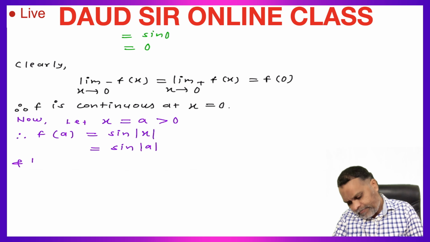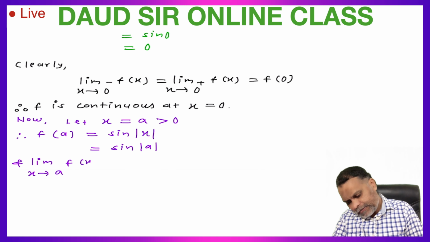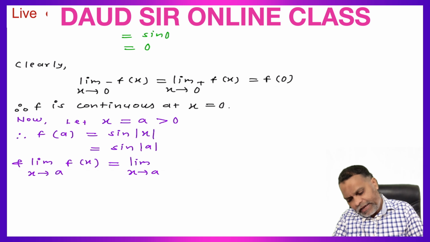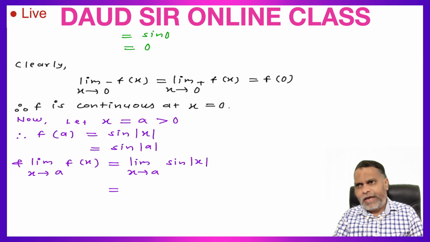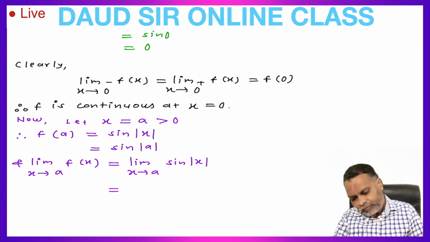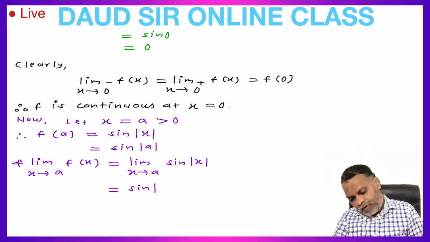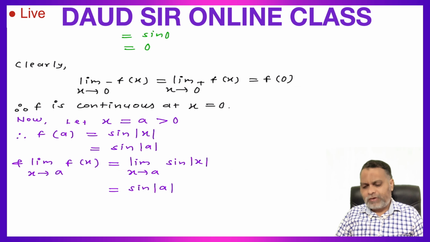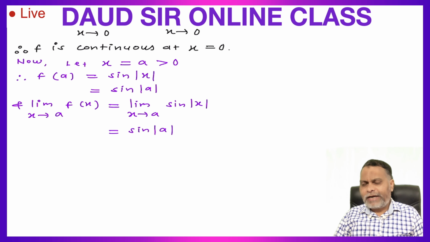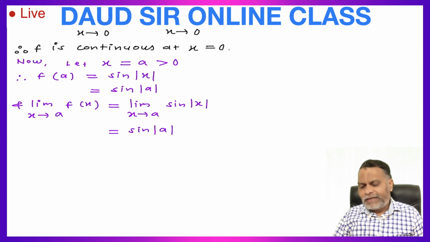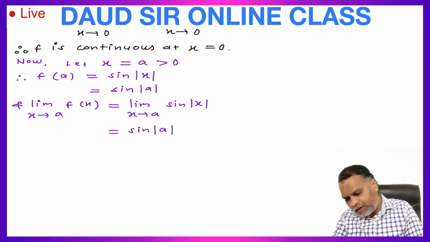And limit x tends to a f of x is equal to limit x tends to a sine mod of x. Directly we can put x is equal to a, greater than 0. So sine mod of a, we got sine mod of a. Clearly the value of function at x is equal to a when a is greater than 0, and the limit of the function at x is equal to a where a is greater than 0 are equal.